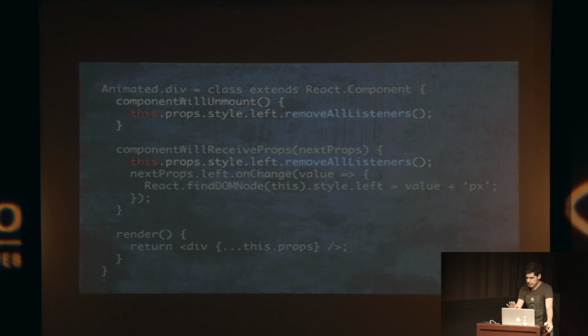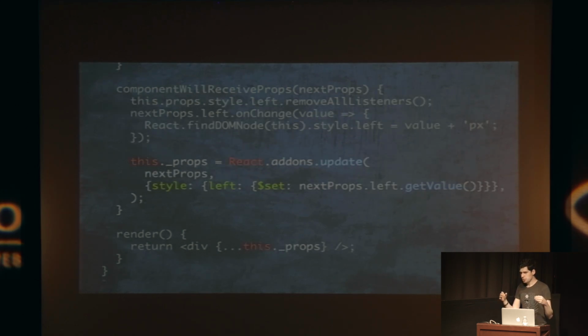This almost worked, but we need to do one more thing, which is that if you just pass an animating binding to React, it doesn't know what to do with it. It doesn't know what to do with an object as a style attribute. So what we need to do is to mangle the props, find all of the bindings, replace them with a real value and store it somewhere.